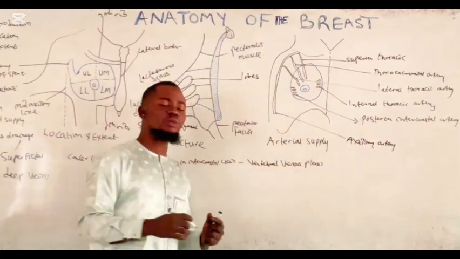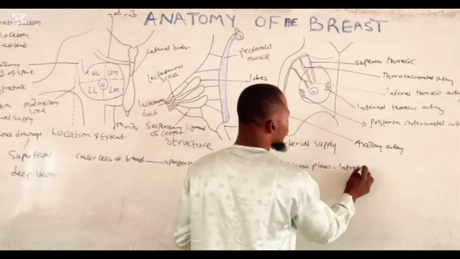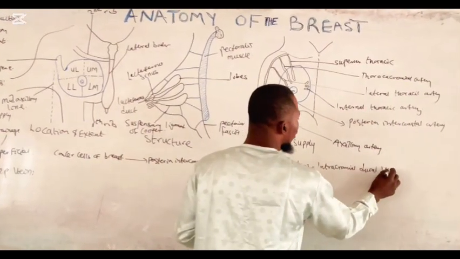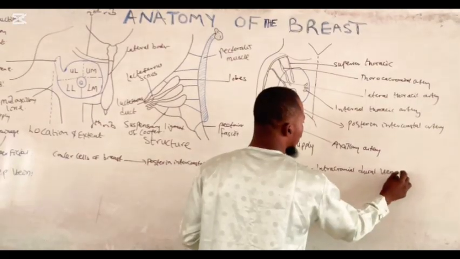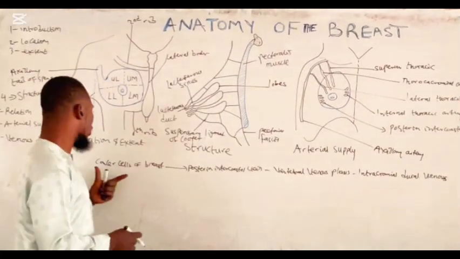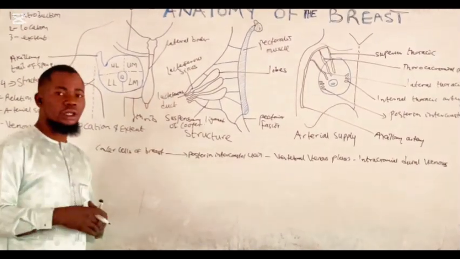From the vertebral venous plexus, they now move into the intracranial dural venous sinuses. Then from there, they move to the brain. So the cancer of the breast can migrate to the brain through the venous drainage of the breast.